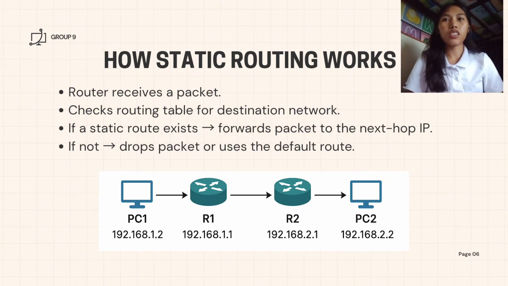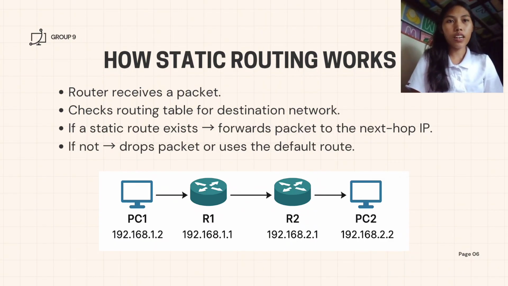The second one is check routing tables for the destination network. The router has a routing table like a map that tells it where to send packets. It looks at the destination IP address in the packet and checks if there's a matching route.